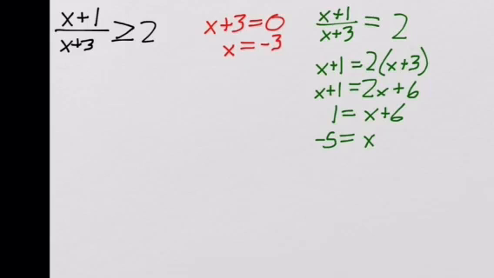The reason why I went ahead and found where that denominator is equal to 0 is that one of the spots where things can change from positive to negative on a rational equation or rational function is where the denominator is equal to 0.